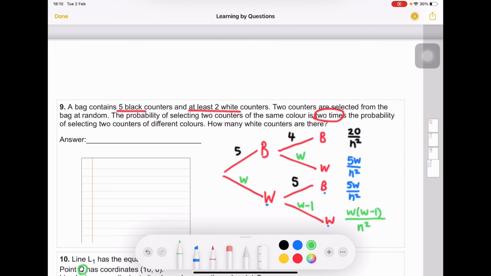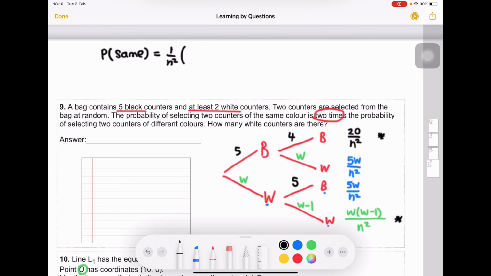So what is the probability of selecting 2 counters of the same color? Well, we either have 2 black counters or 2 white counters. So we need to add them together. Probability same equals, so it's all over n squared, so I might as well take that out.